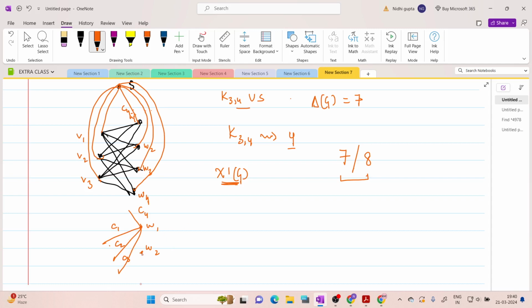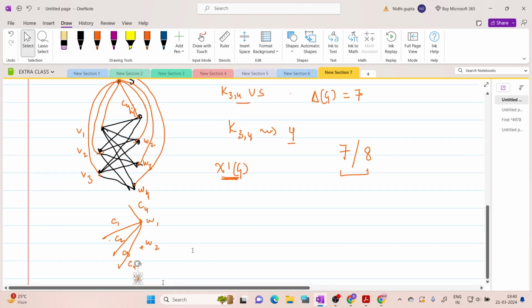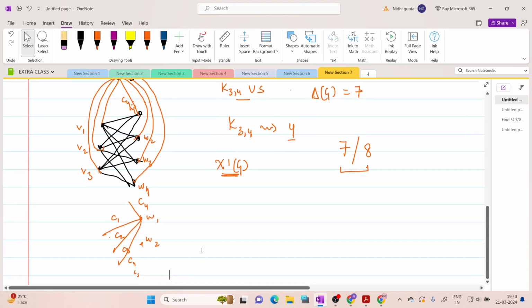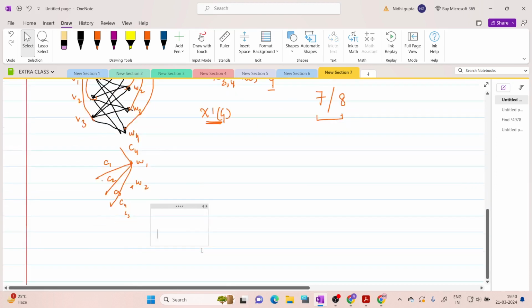These three colors can all be different colors, right? Suppose they are C4, C5, C6. Then you have used all the colors, right? So you'll have to give another argument. Do you understand what I'm saying?